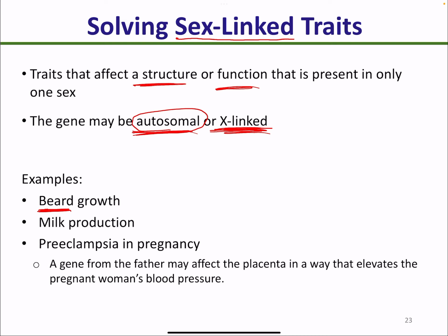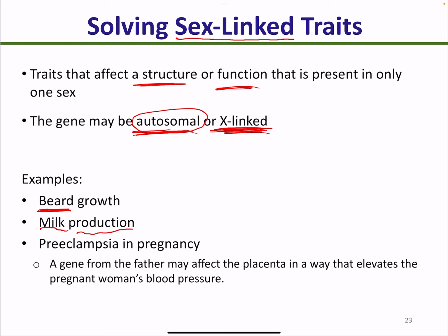The milk production is very specific to female, okay? While the preeclampsia in pregnancy is also very specific to female.